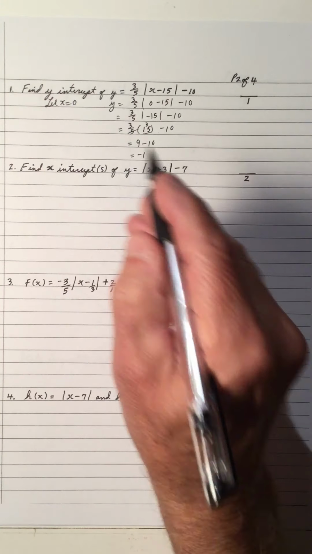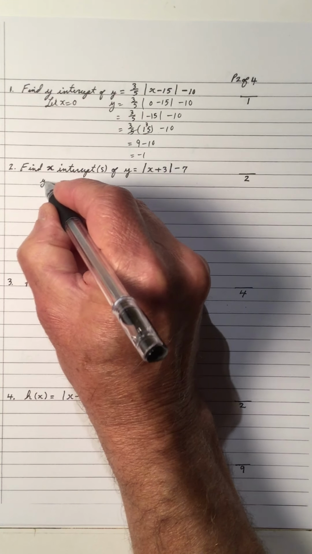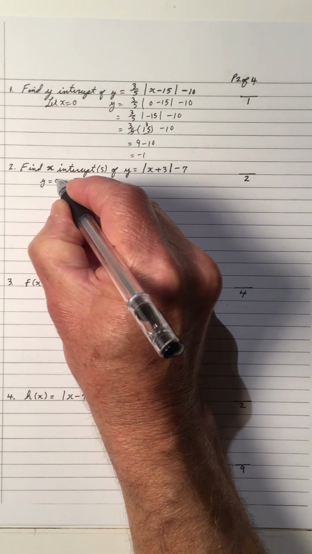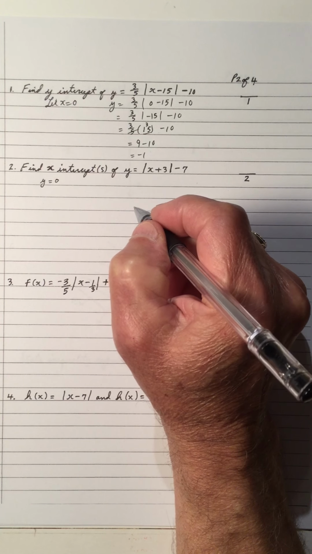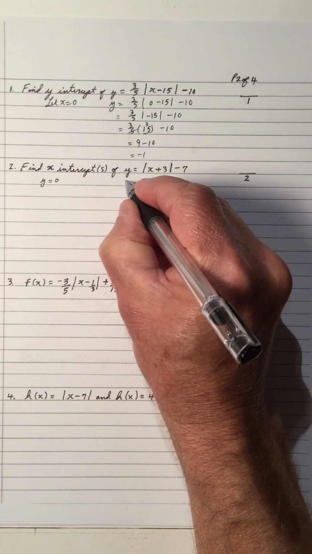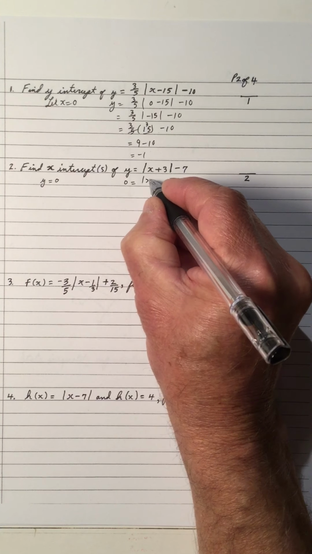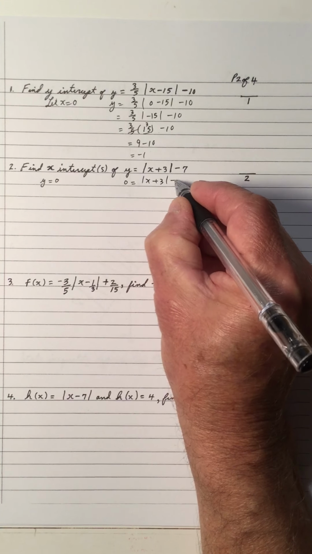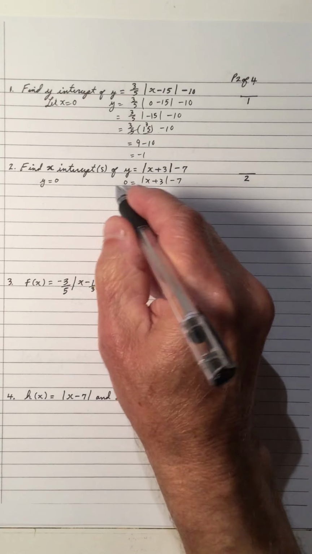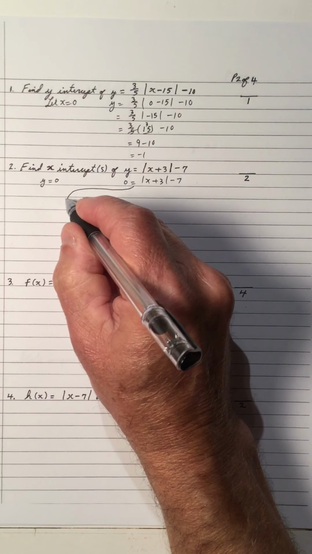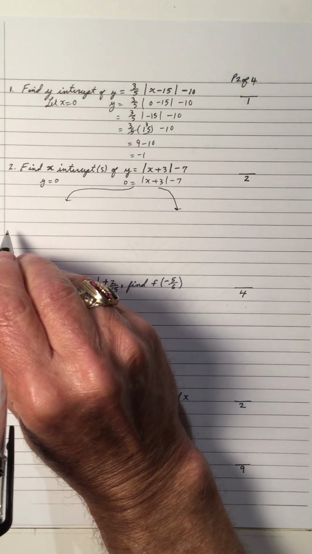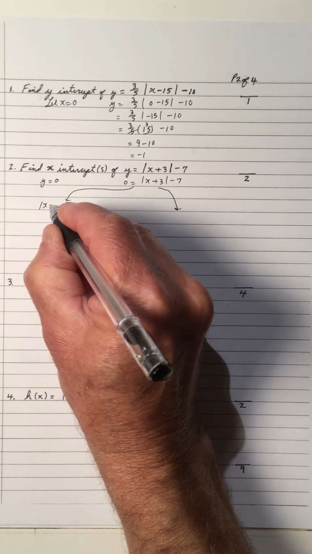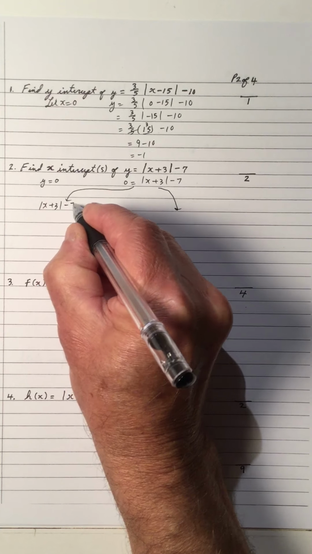How do you find the x-intercept? We find the x-intercept by letting y equal 0, because when a graph cuts the x-axis, the y-coordinate is 0. So we put a 0 in the place of y, and we solve. Now I have 2 choices. I'll just do the 2 of them. One way is we can flip the whole equation around, like this.